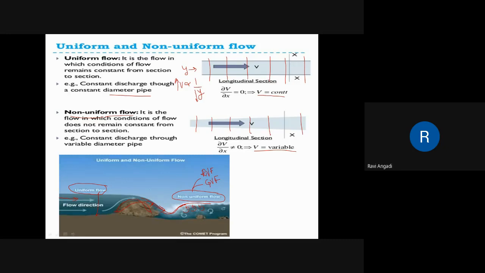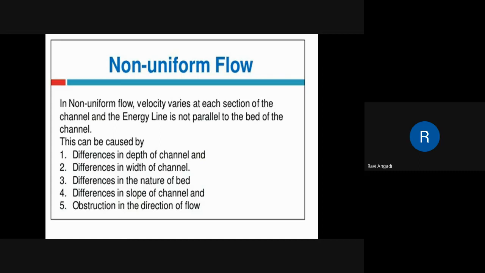Okay. Now where do we come across non-uniform flow? In non-uniform flow, as we defined previously, velocity varies at each section of the channel, and the energy line is not parallel to the bed of the channel like in uniform flow.